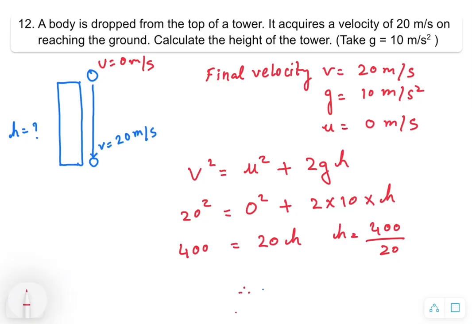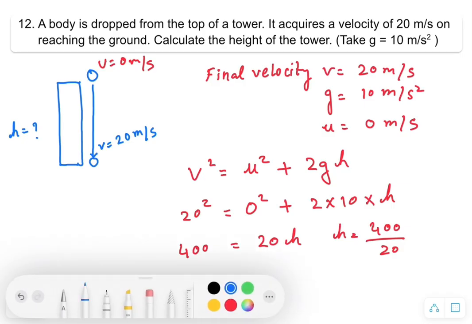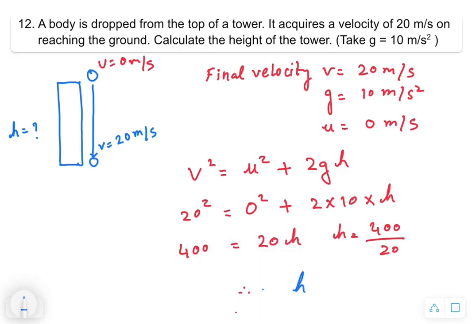Therefore, H would be equal to 20 meters. This is the height of the tower.